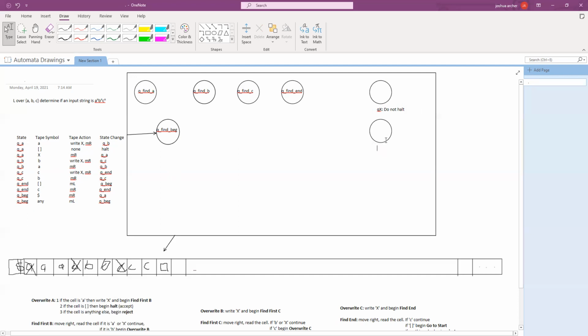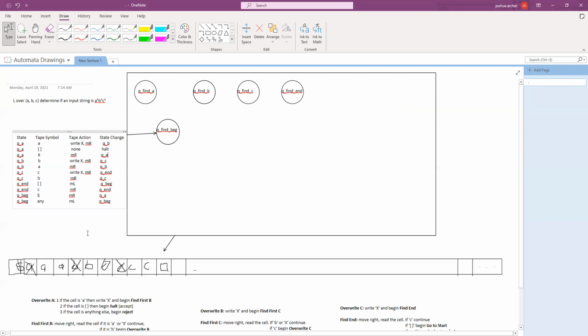I personally don't. If someone were to make them, it's totally fine. Essentially, if you wanted both, this line here says when to halt. And then for every state, if I see anything other than what I am expecting, no action and go to the reject state, if you wanted to do it that way, which is totally fine.